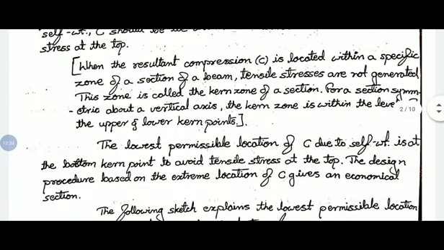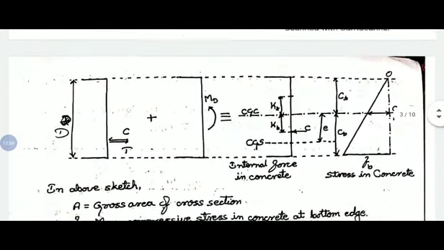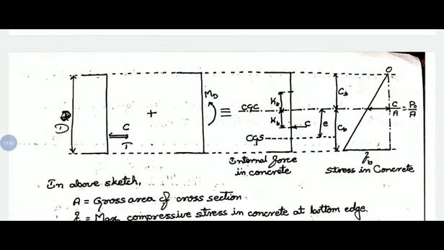The lowest permissible location of C due to self-weight is at the bottom kern point, to avoid tensile stresses at the top. The design procedure based on the extreme location of C gives an economical section. So the eccentricity we provide should give us the extreme kern point levels. In the figure, C and T give us the compressive stress as well as the tensile stress.